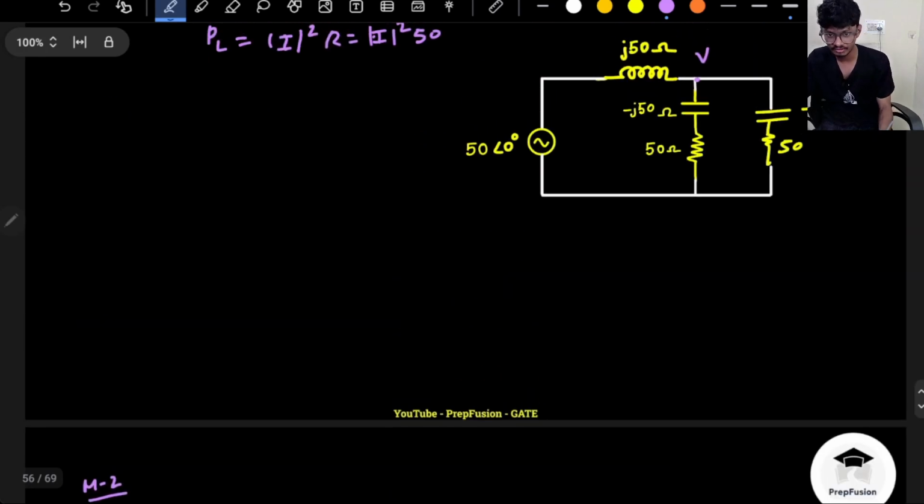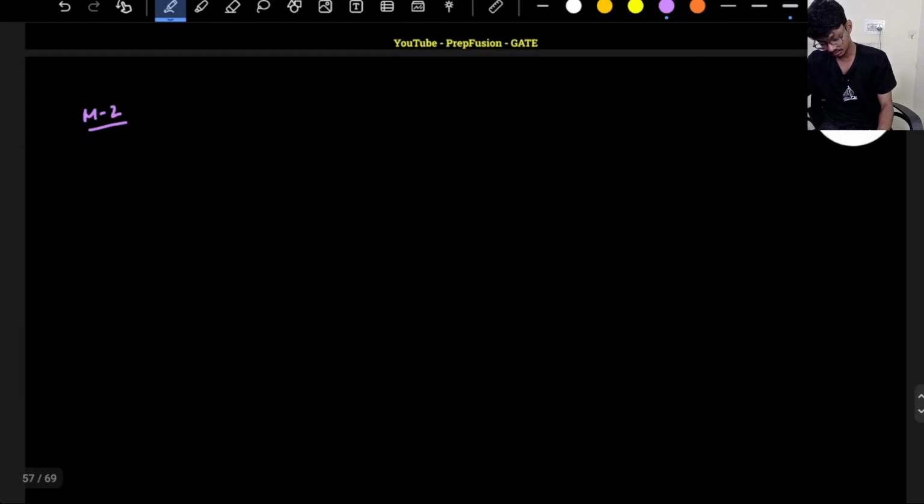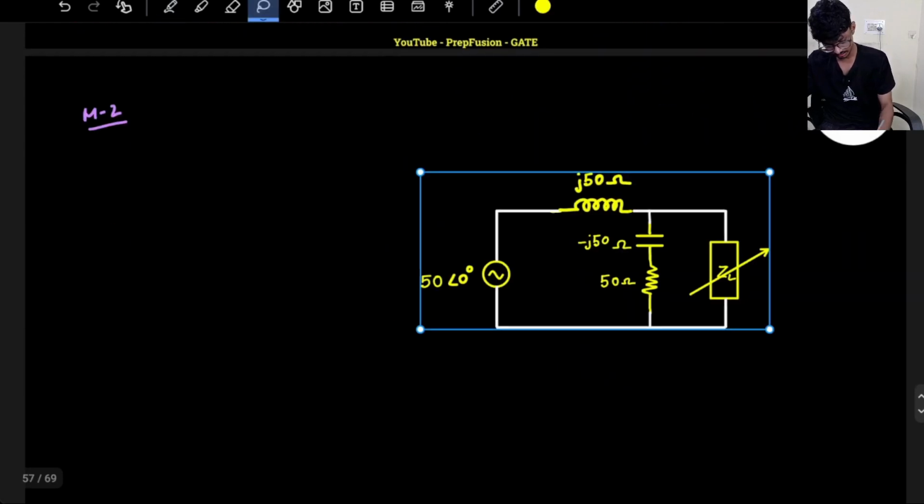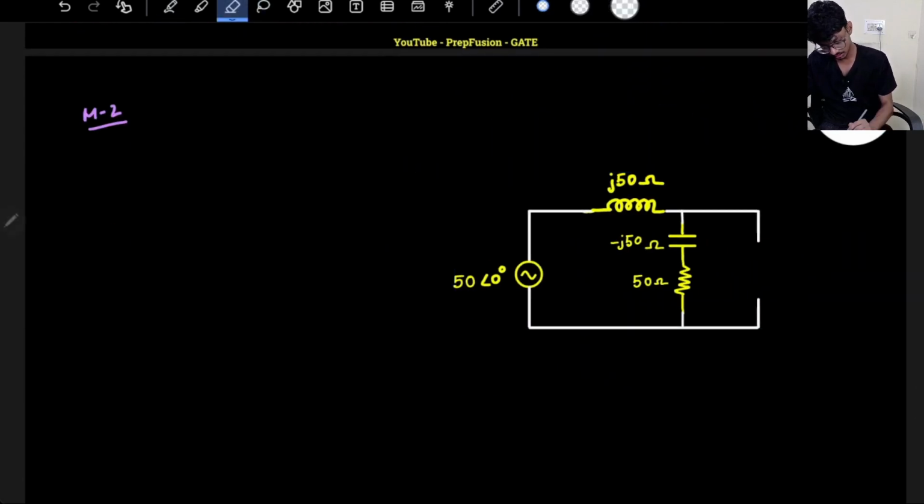Because I have already calculated the Thevenin impedance, let's calculate the Thevenin open circuit voltage. To calculate the Thevenin open circuit voltage, I have to open circuit the load basically. So this will be the voltage basically. I can apply nodal or KCL, whatever you prefer.